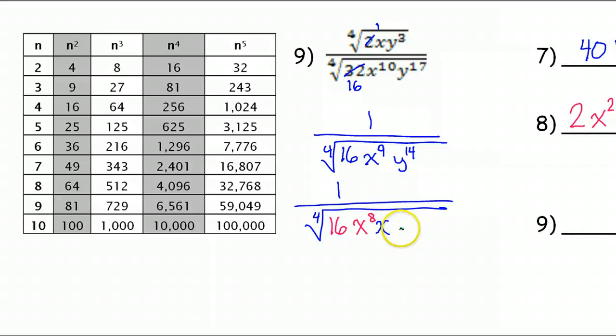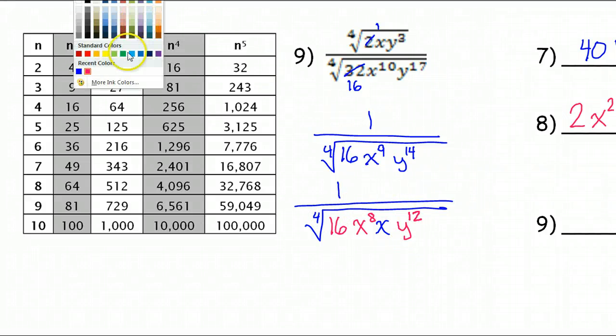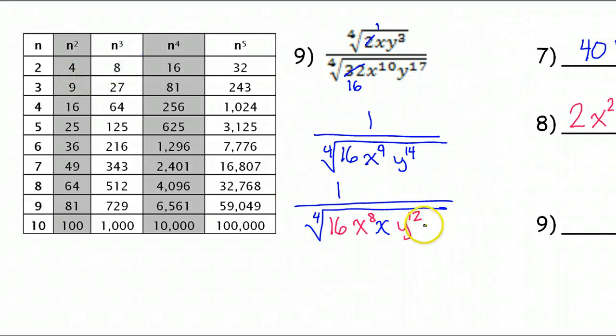So I will have to split this y up as, let's see, y to the 12th power. 12 is the first number below 14 that you can divide evenly by 4. And see, how many leftover y's do I have? Okay, 2 extra y's will make the 14.